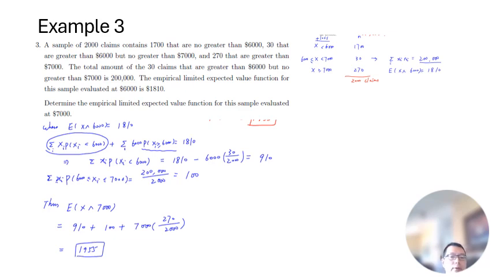So based on this information, first we know that if the policy limit is 6000, in the first group you will get X, but in the second group you will get only 6000, and the third group is the same, it will only get 6000. So based on this, we can write out the formula.